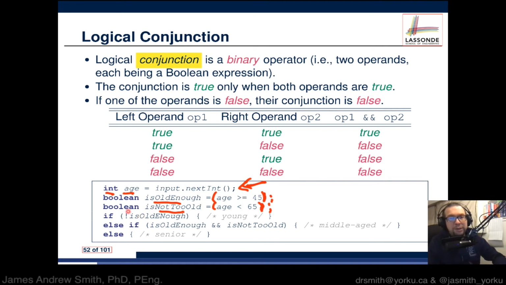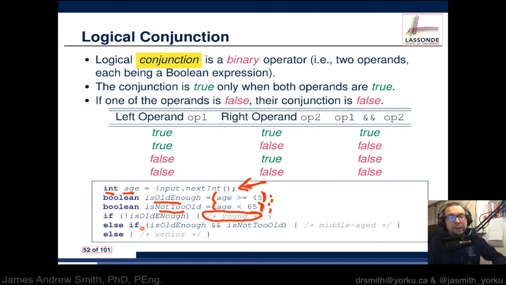If false negated, that would be true. So then this would be true, and so we would have whatever statement in here. If there was a statement, this would be executed because the person would be considered young. Okay, and then the other two would be ignored.